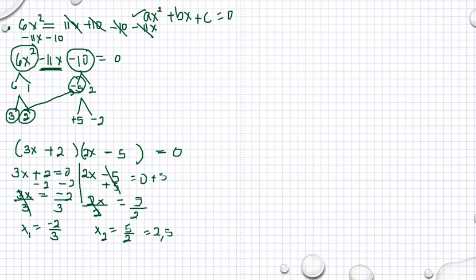We will do it here. We have 6 times negative 2/3 squared is equal to 11 times negative 2/3 plus 10. That's our original equation.